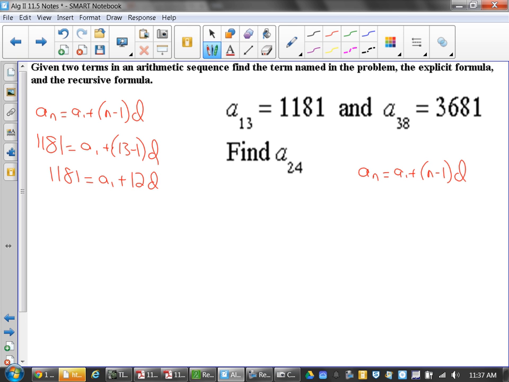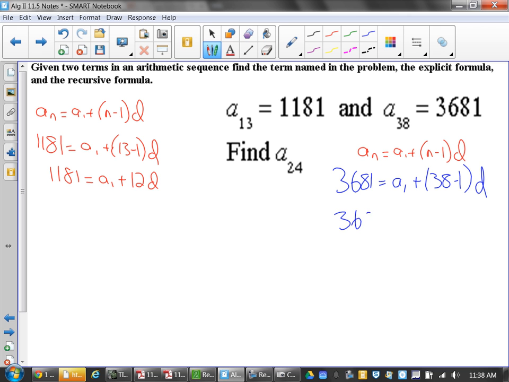I know that the nth value here is 3681. That's the first term plus 38 minus 1 times the difference. I have those 2 equations. Are we okay with the idea here that I'm just going to take the one in red and subtract it from the one in blue?